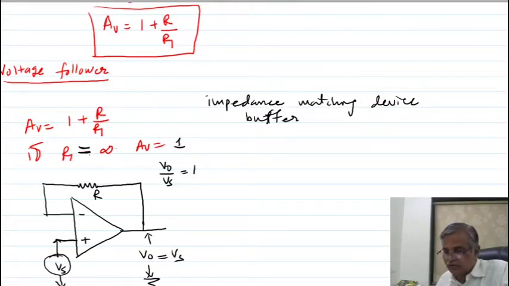For a voltage follower circuit, the output follows the input voltage. This circuit has a very high input impedance and very low output impedance. So this circuit can be used as an impedance matching device. I am explaining how you can use it as an impedance matching device.